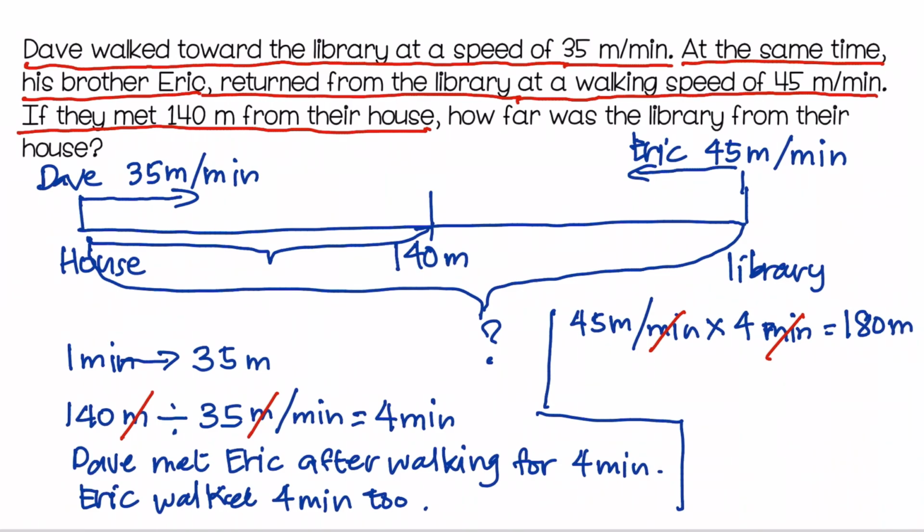Now then, what are we going to do? From 140 meters plus the 180 meters that Eric traveled, that's the distance between the library and the house, from the house to the library. So we have now 140 meters plus 180 meters is equal to 320 meters.